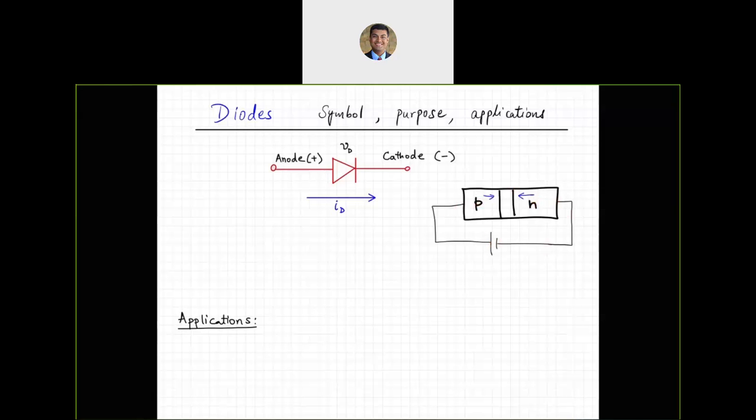In other words, when I connect a higher voltage on the anode compared to the cathode. So that's when the current is going to flow. And as you might imagine, if I reverse the polarity of the voltage source, in that case, the charges are going to move the other direction.